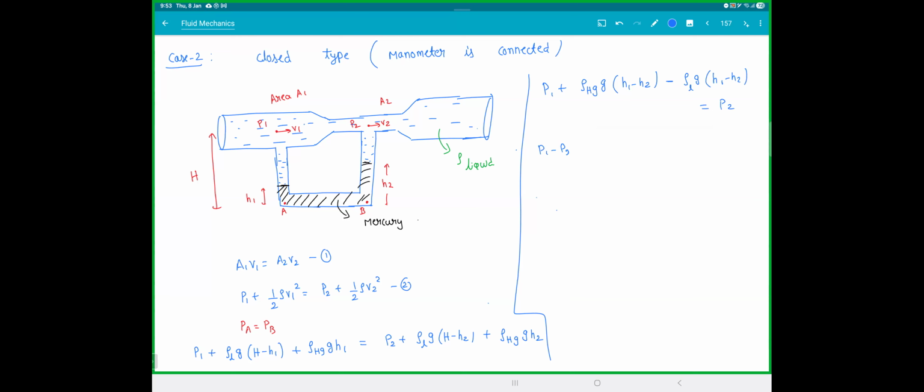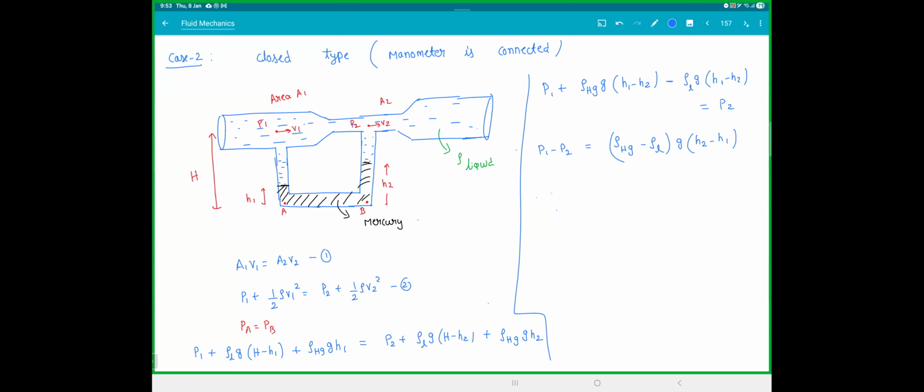So we can get P1 minus P2 is equal to rho mercury G (H1 minus H2) minus rho liquid G (H1 minus H2). So P1 minus P2 will be (rho Hg minus rho liquid) G (H2 minus H1). There, we got a pretty good relation.